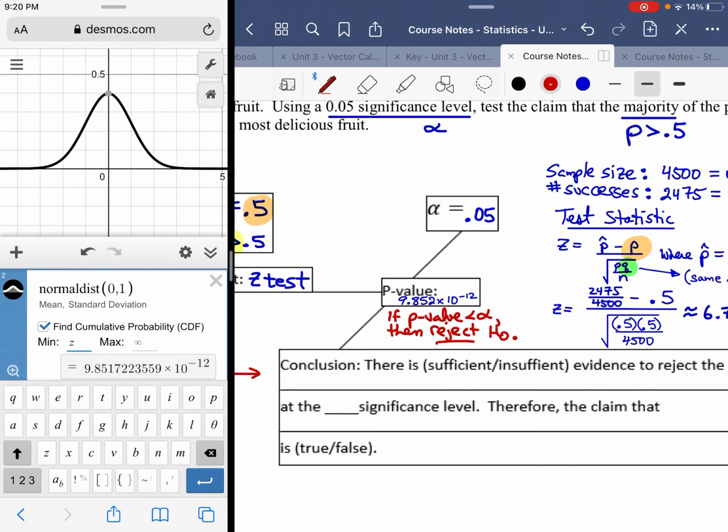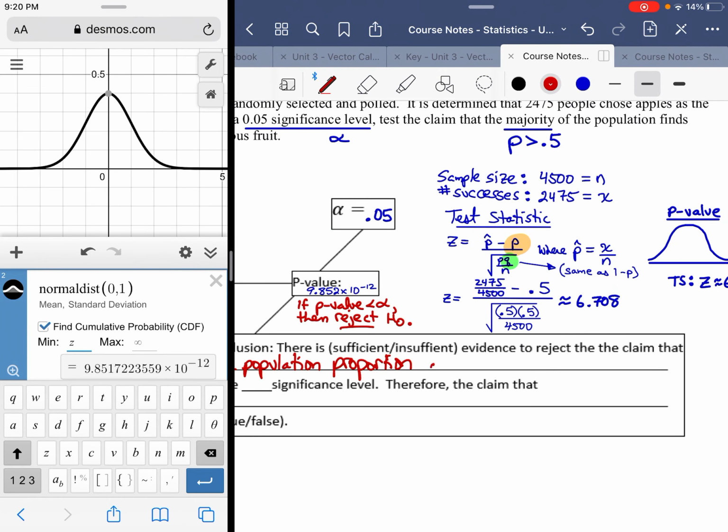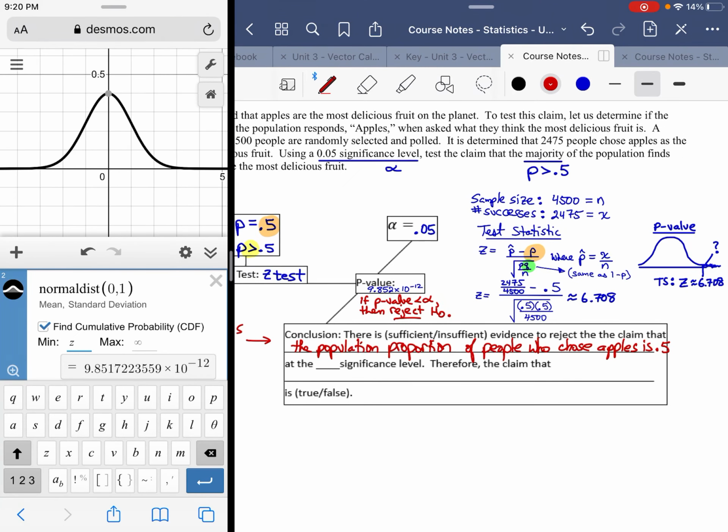That means that the population proportion of people who chose apples is 0.5. That's, in words, what p equals 0.5 means.